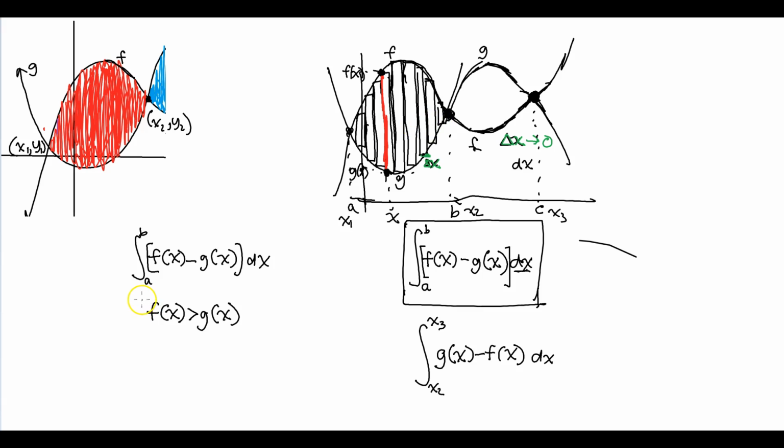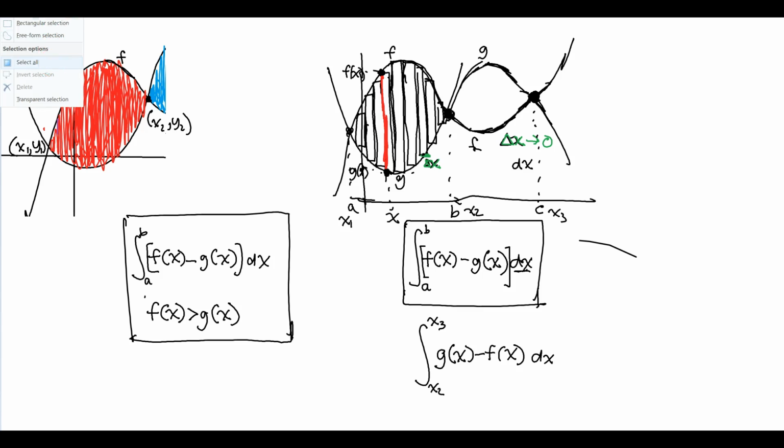That's what this means. Now we have generalized it, okay? And for any two functions, you can put one function as f of x and another as g of x if you know which one's our top function and which one's our bottom function. Let's do an example, okay?